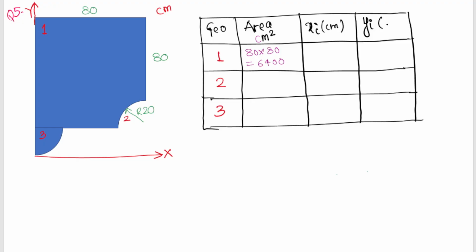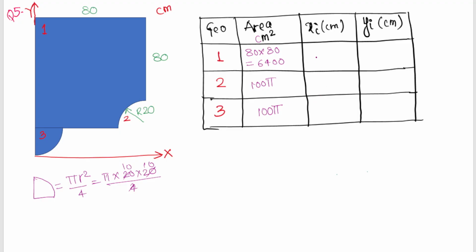So what is the area of second geometry, which is a quarter circle? So we know that for a quarter circle, area is given as pi r square by 4, which is nothing but pi into 20 into 20 by 4. This is 400, gets cancelled out, 10, 10. So my area is 100 pi, and same is for my area 3.